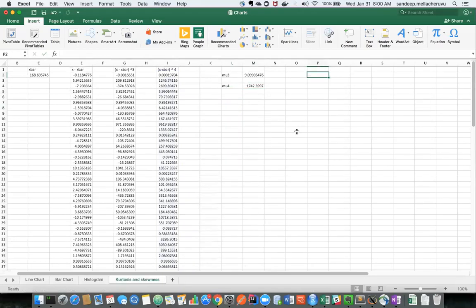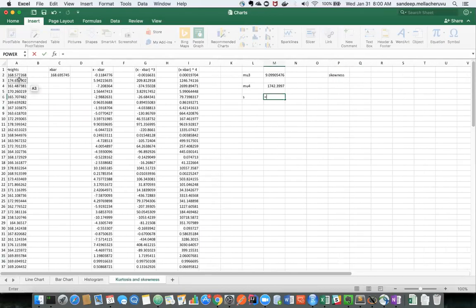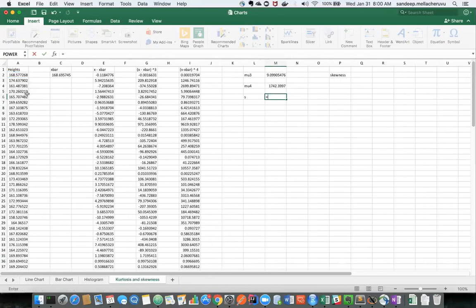Now what is my formula? Skewness is mu3 by the cube of standard deviation, right? Let me calculate standard deviation also. S is nothing but, I should take the original heights, STD sample. Yes, I can use anything.